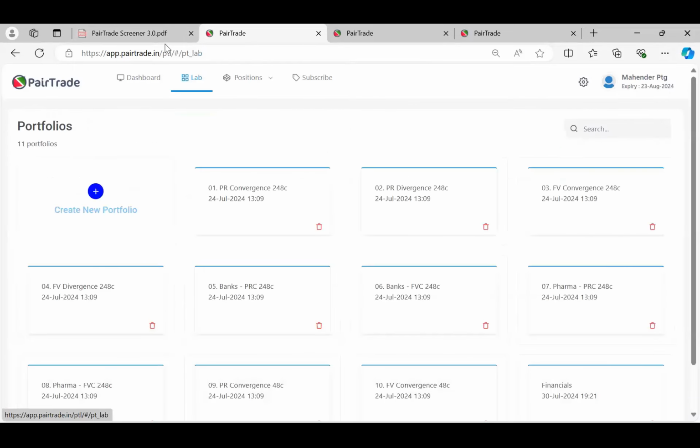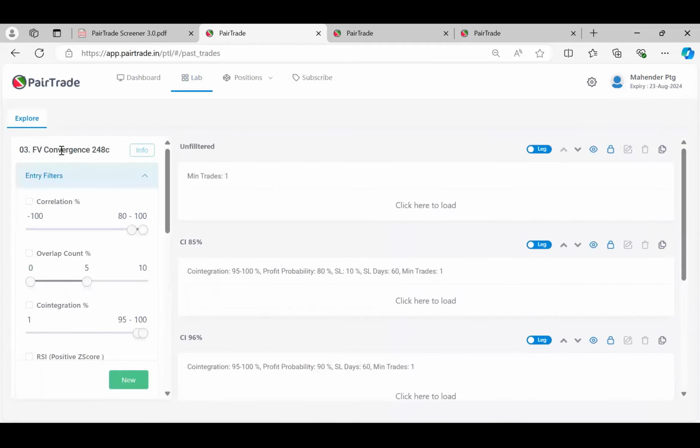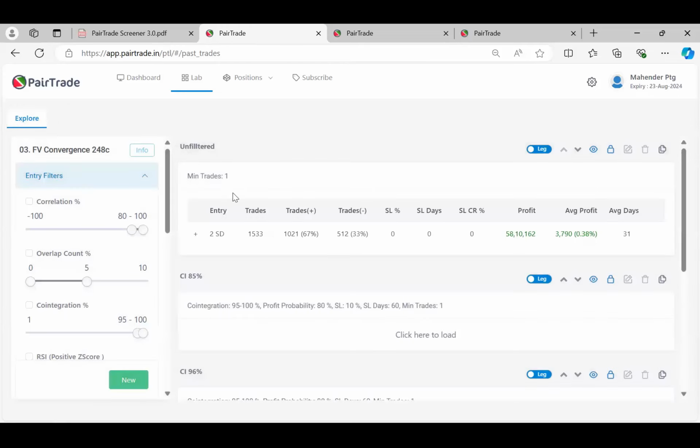So I go to the lab and I will say, okay, I want to look at this pair, fair value convergence, right? So for unfiltered data, if you see, for fair value, you will get more number of trades compared to the price ratio. Here, the system has removed the 3 standard deviation and 2.7 because the returns are not so good.